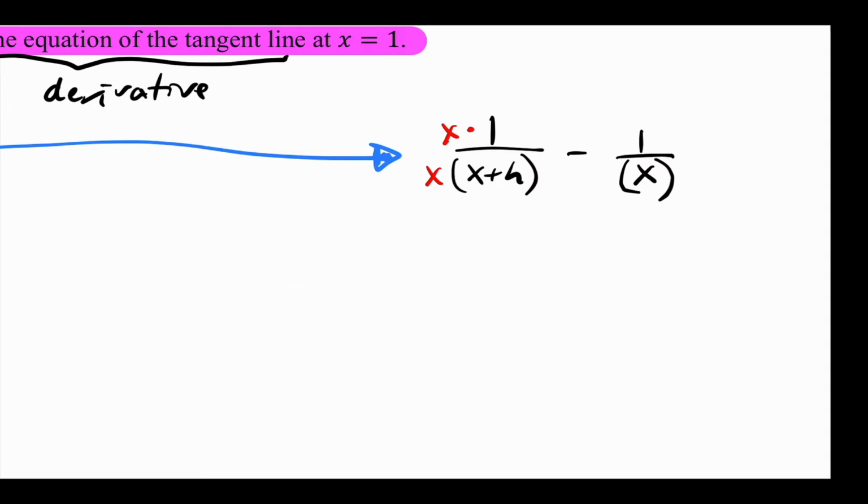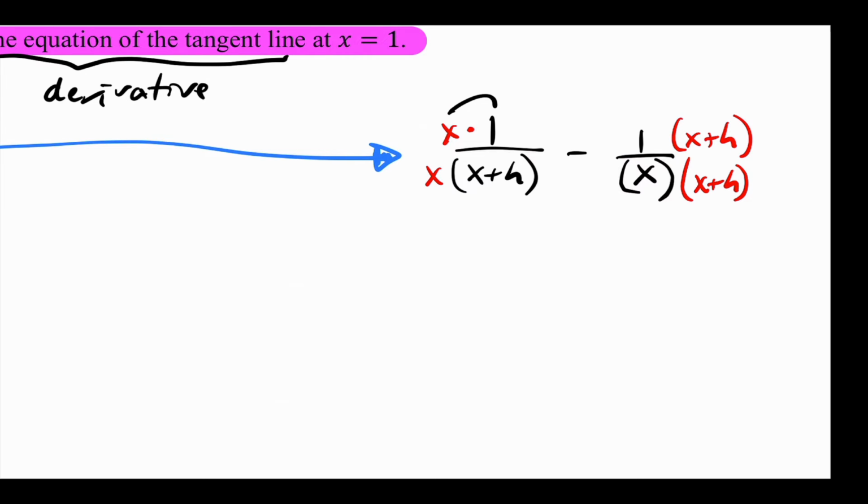So multiply the top. Now, what is this guy missing that the other guy has? x plus h. So what I have to do now is multiply these two guys.